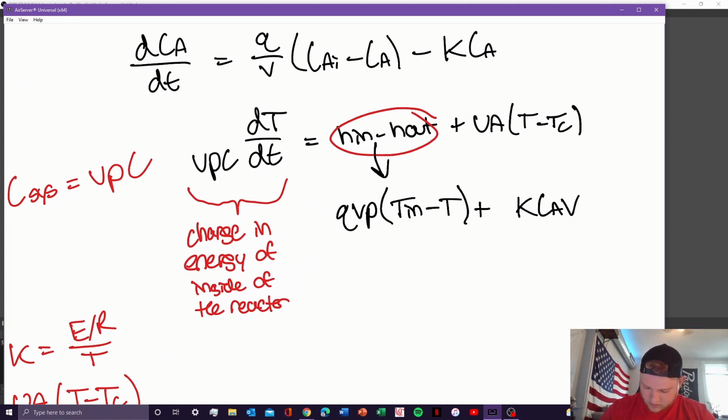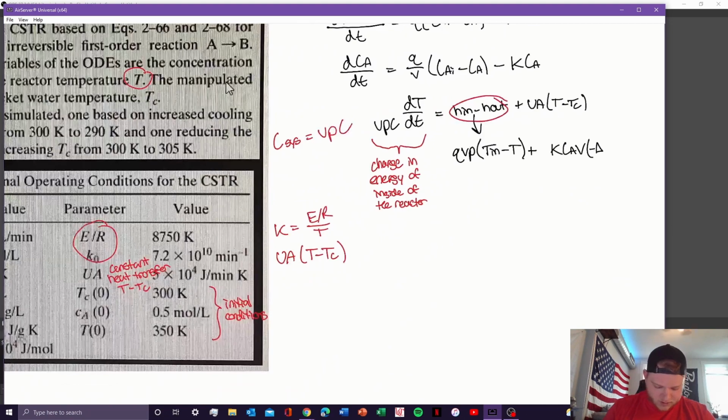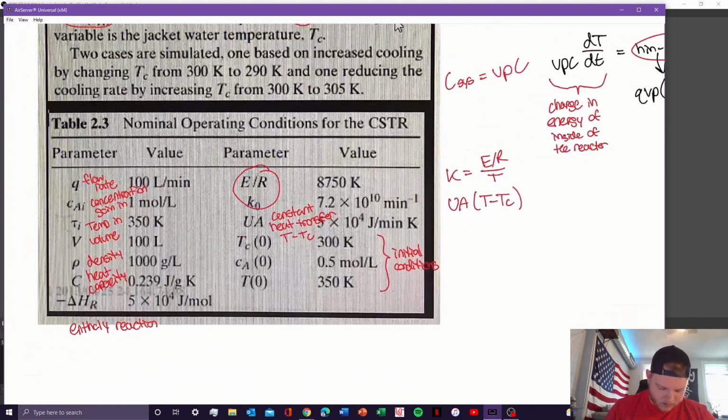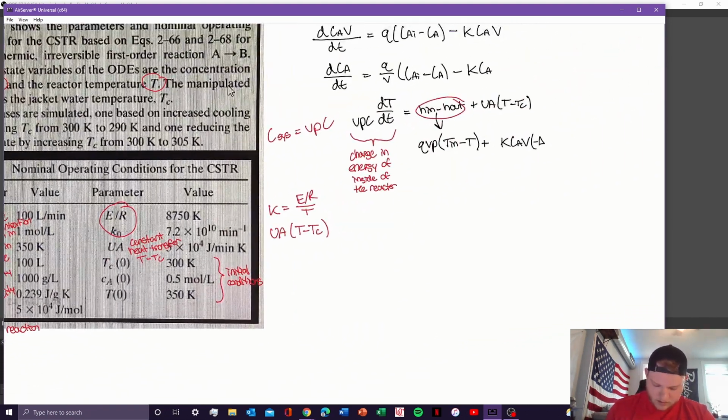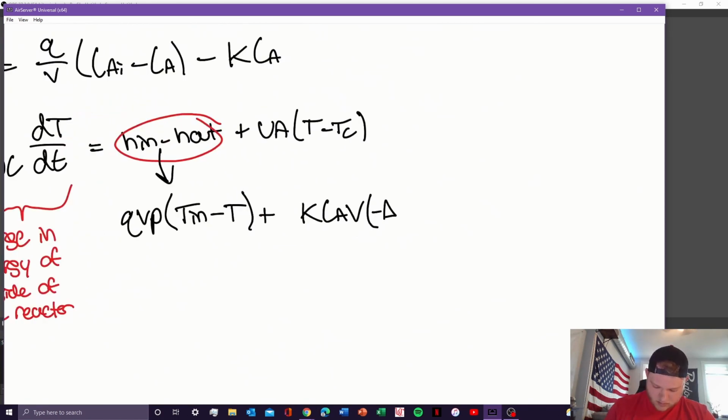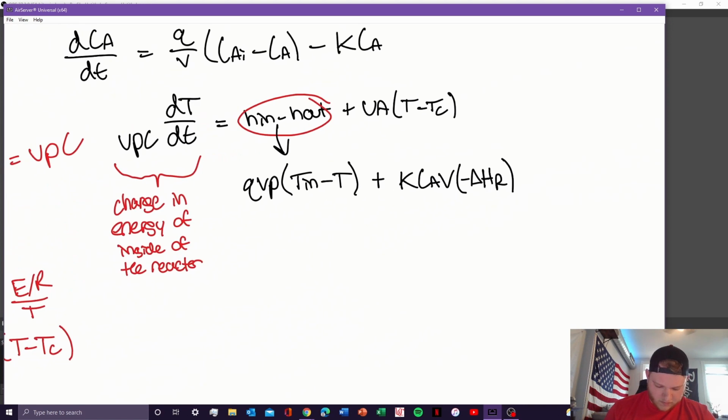But then we also cannot forget about the energy produced by the reaction, the enthalpy of the reaction. Just like that. Okay, so now we're here. Okay, let me write it out again just to make it look nice.